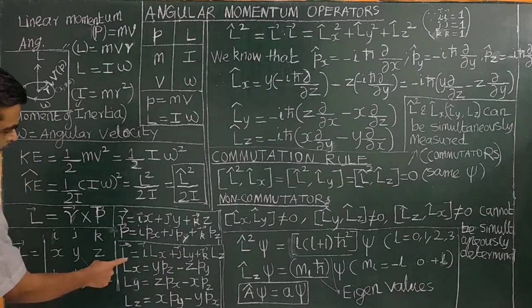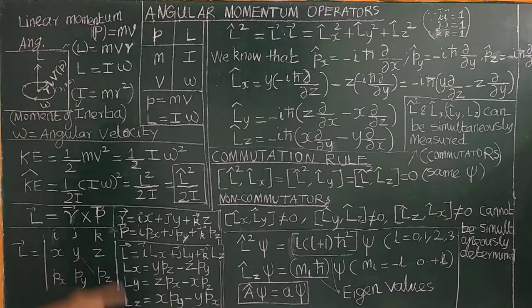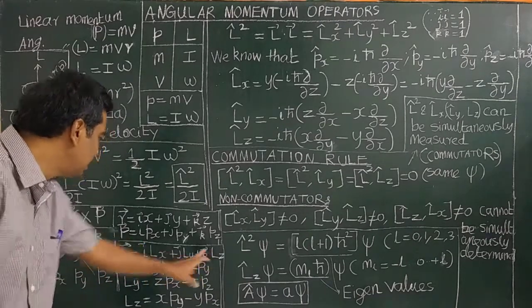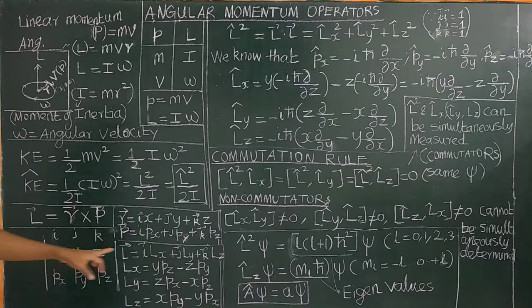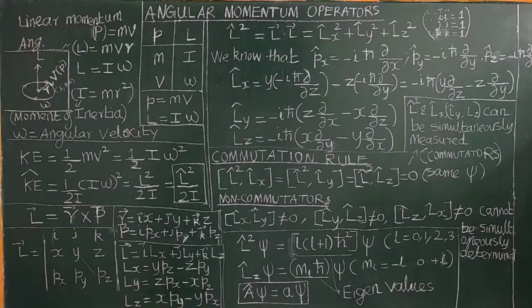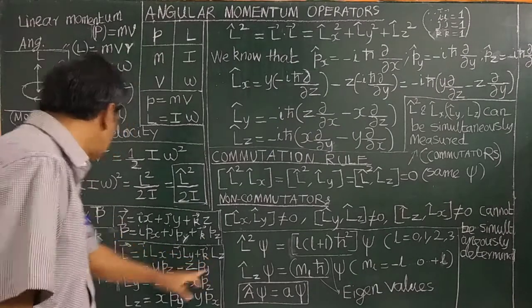Therefore L vector equals i Lx plus j Ly plus k Lz, where Lx, Ly, Lz are the angular momentum components along the x, y and z directions.